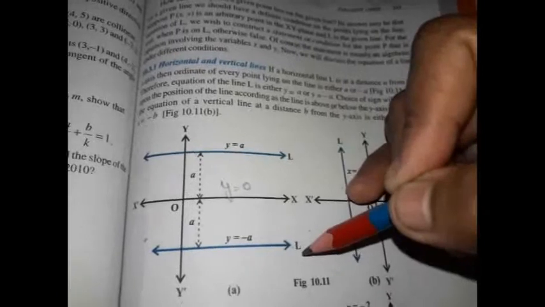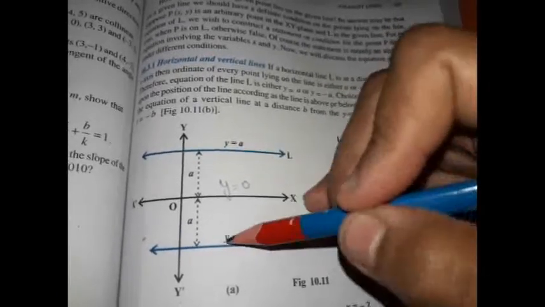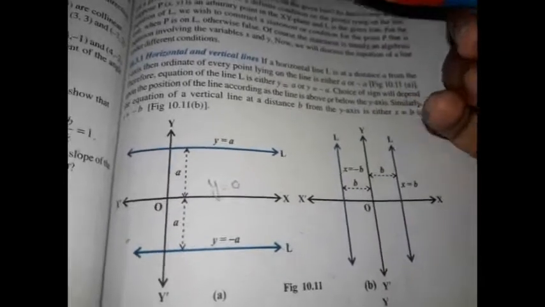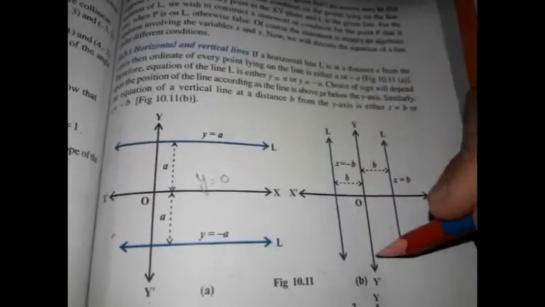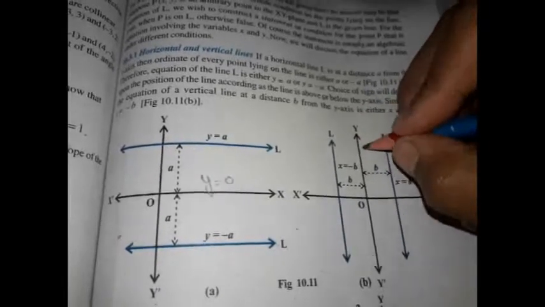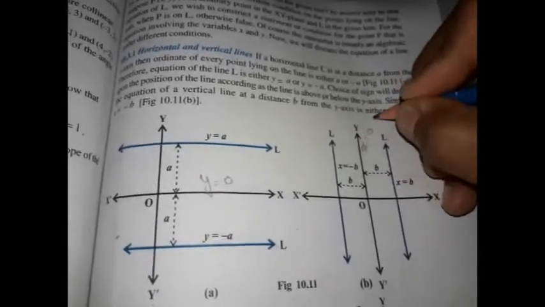So any line parallel to the x-axis will have an equation like y equal to a or y equal to minus a. It depends on where it lies. Similarly, the equation of the y-axis is x equal to 0.